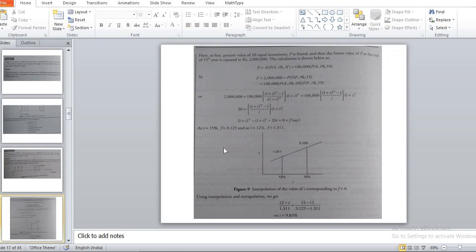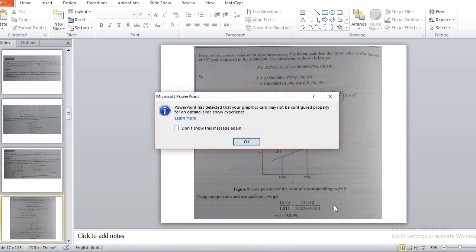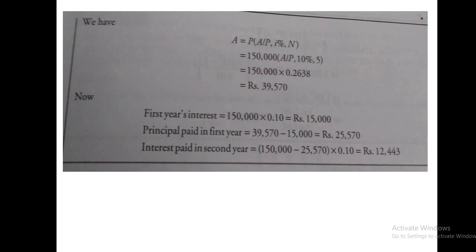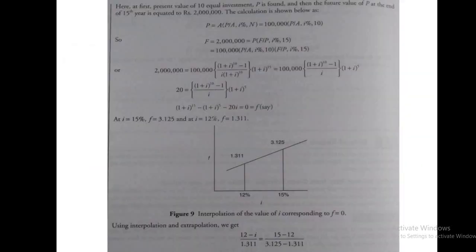Now, if we look at this example, first the present value P of the 10 equal investments is given, so P we can find out.